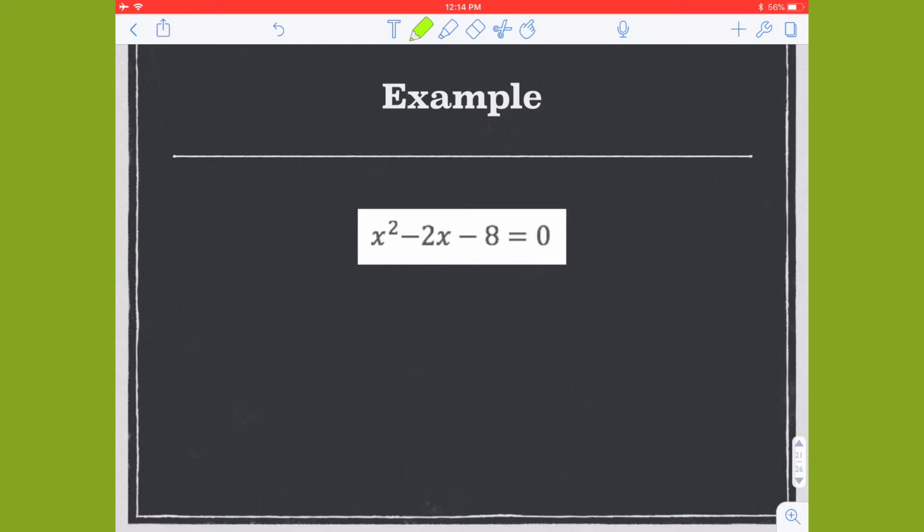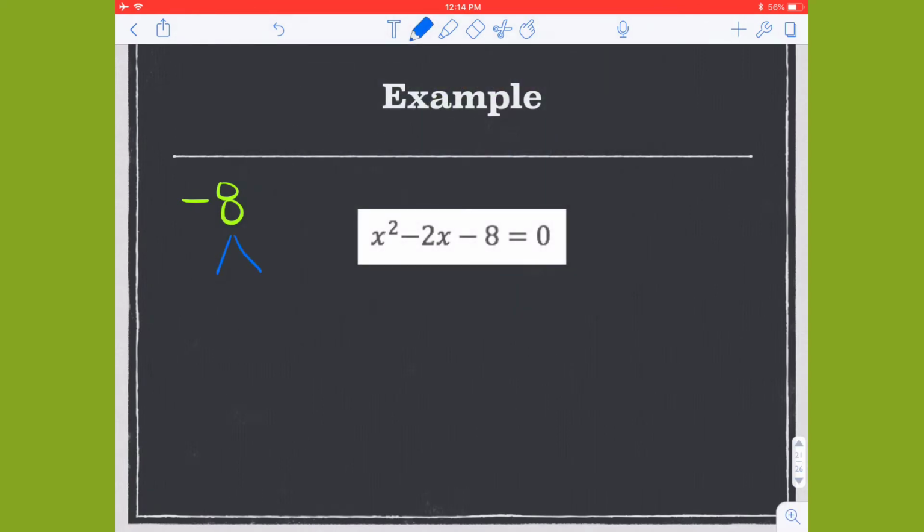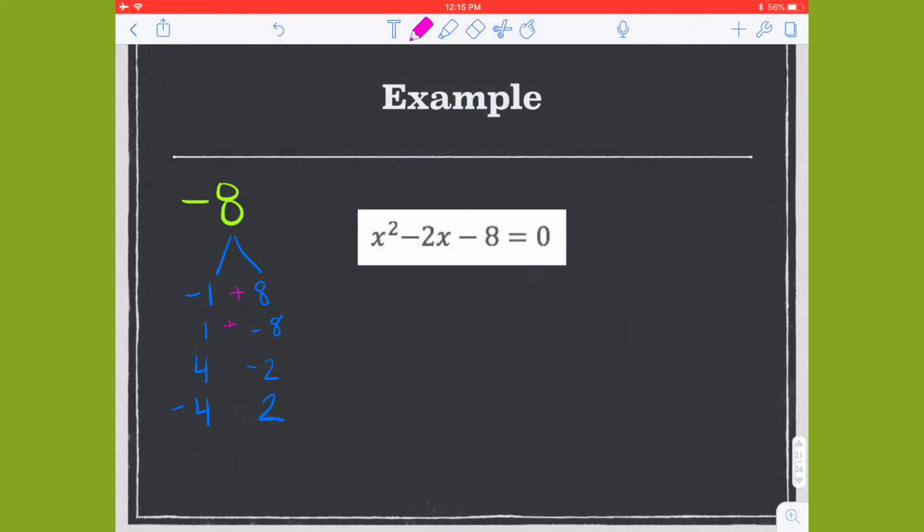So I'm going to start by multiplying my first times last. That's 1 times negative 8, and that gets me negative 8. Step 2, I'm going to list out all the multiples that get me to negative 8. So negative 1 and 8, 1 and negative 8, 4 and negative 2, negative 4 and positive 2. I'm then going to add these all together, and I'm going to see which one adds to the middle value, my b term.